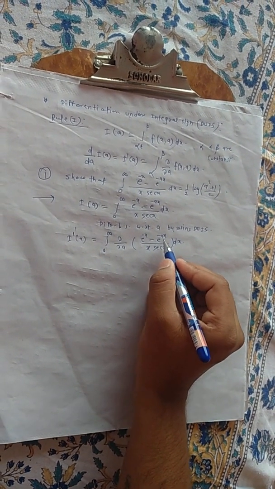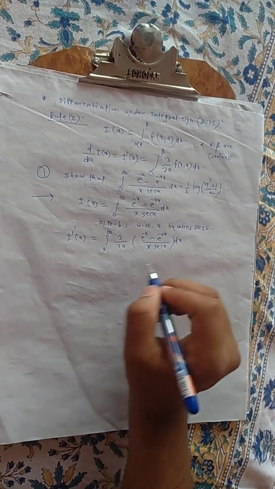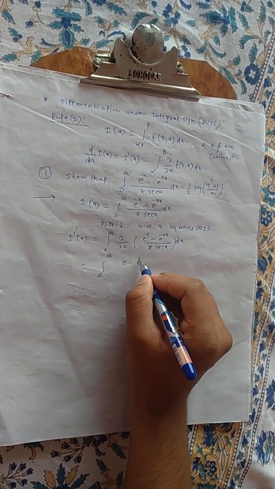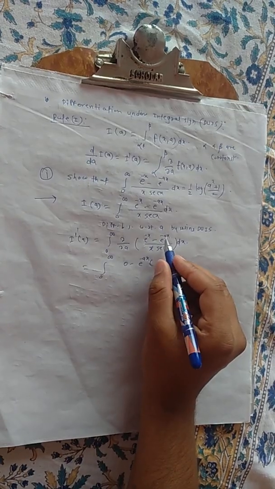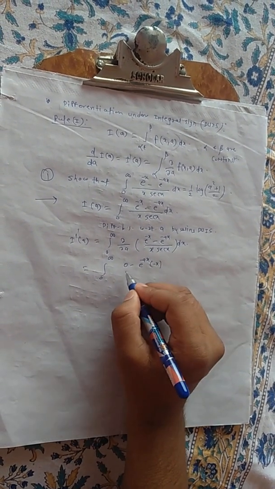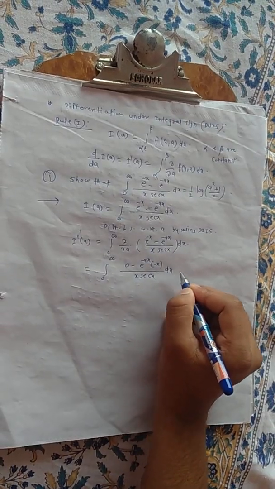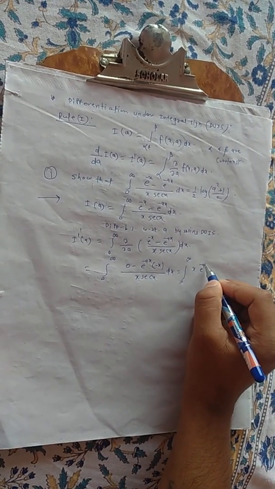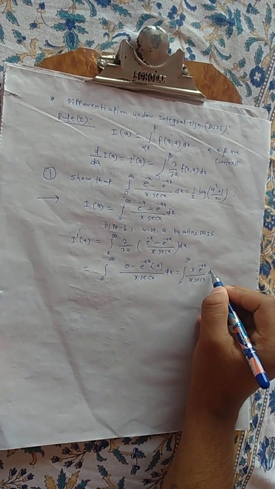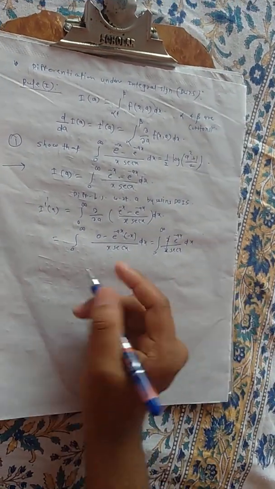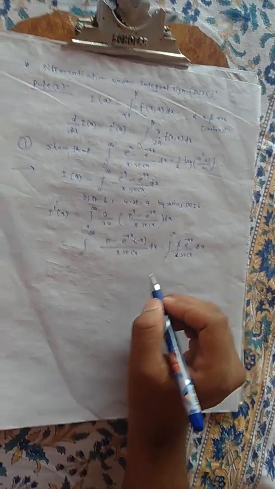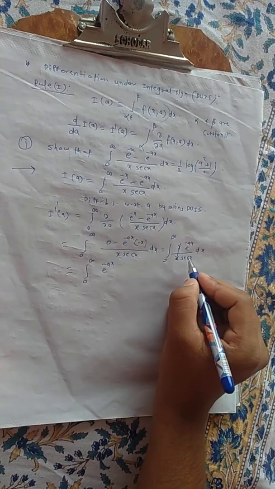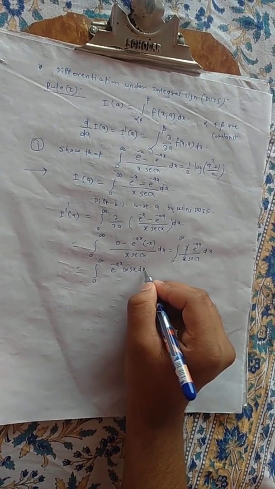The derivative of e raised to minus ax becomes e raised to minus ax into minus x, so it is the integration from 0 to infinity of 0 minus e raised to minus ax into minus x upon x into sec x dx, which is the integration from 0 to infinity of plus x e raised to minus ax upon x into sec x dx. The x's get cancelled, and 1 upon sec is cos, so it is the integration from 0 to infinity of e raised to minus ax cos x dx.